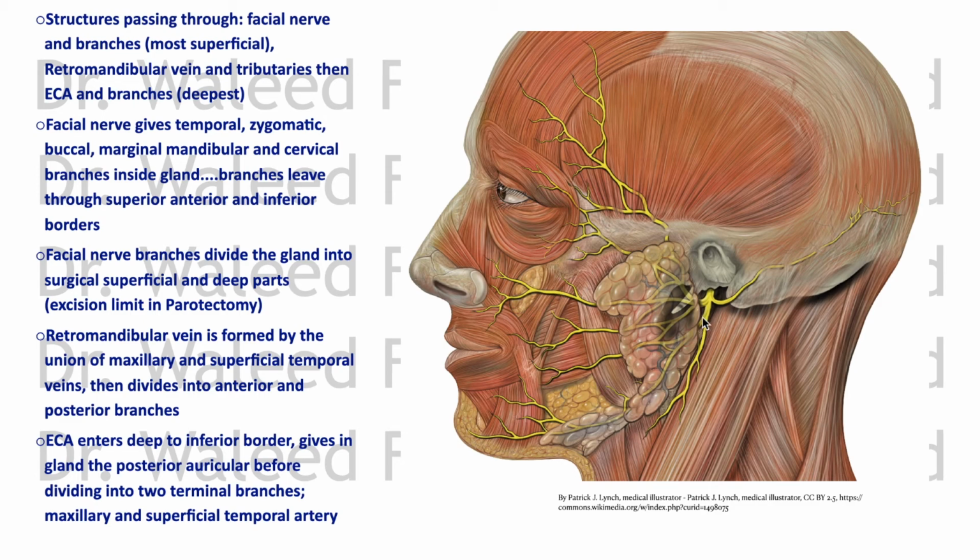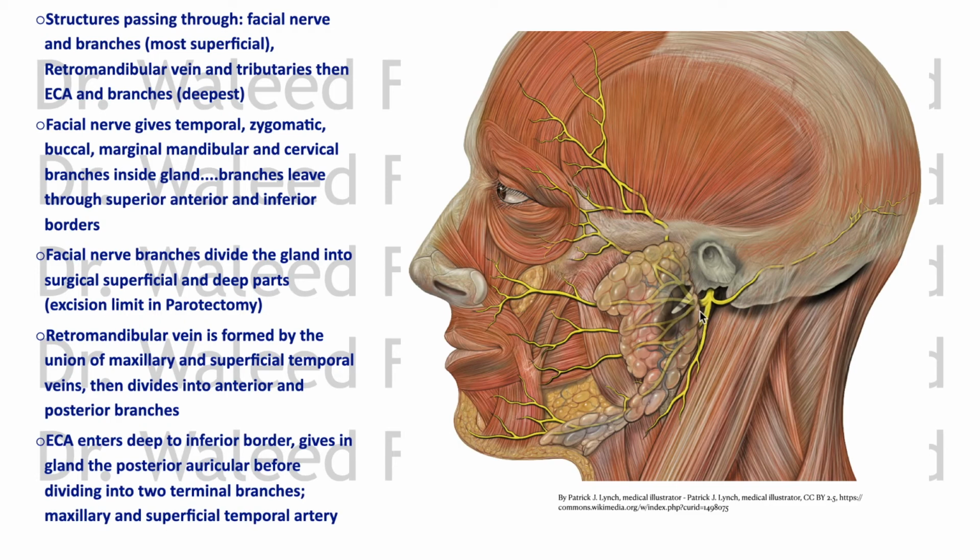Now, the plane through which the facial nerve travels in the parotid gland, this is the mark for the surgeon in the parotectomy. If you are doing parotectomy, you will be worried about hurting or injuring this nerve.